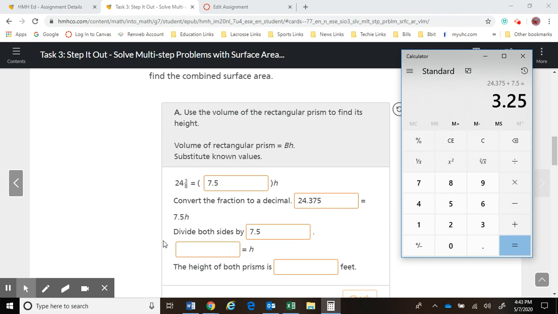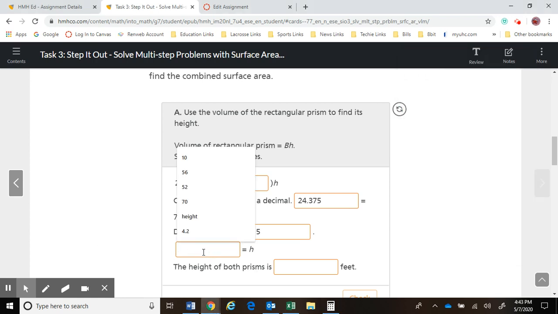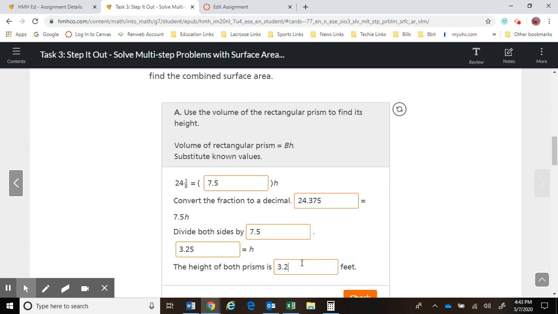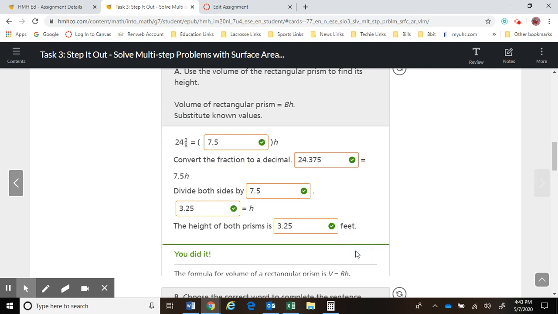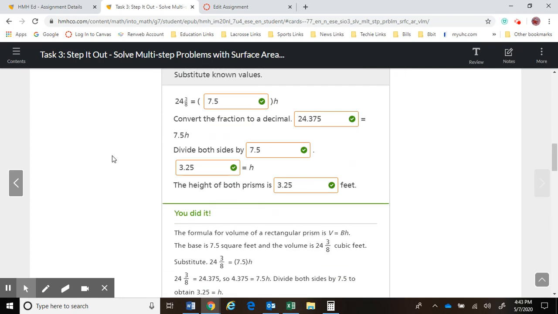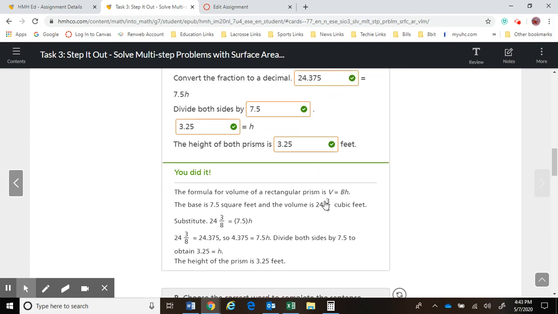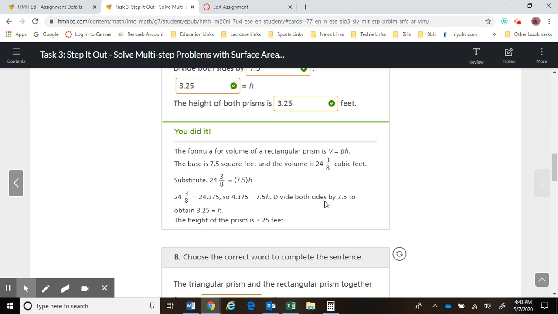And that gives me my height of 3.25, which is actually 3 1/4. Okay, so 3.25. All right, so 24 and 3/8, we ended up with 3 1/4, if we're talking fractions here.